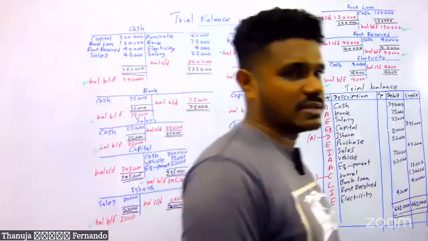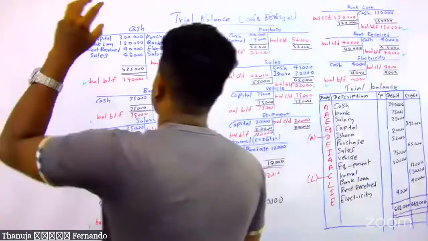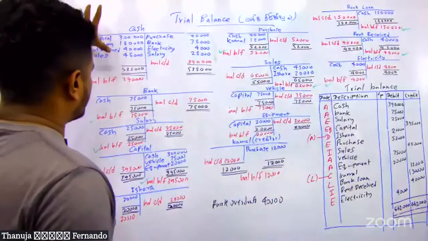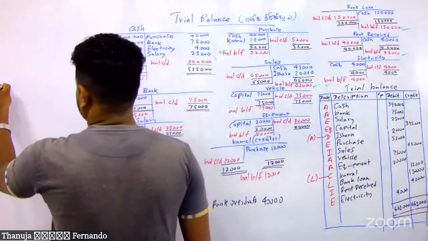So when we record in the prime entry books, some errors might happen. This is the first one.